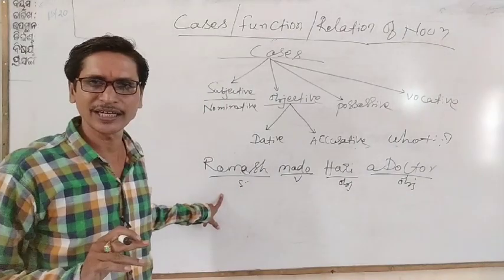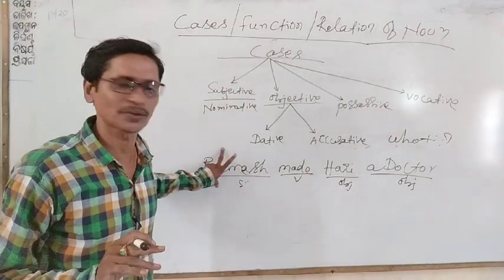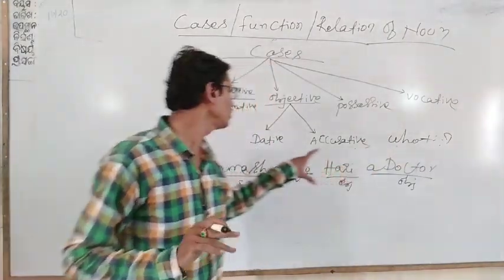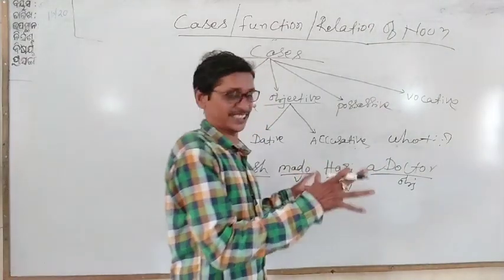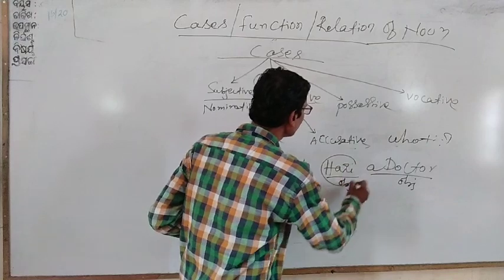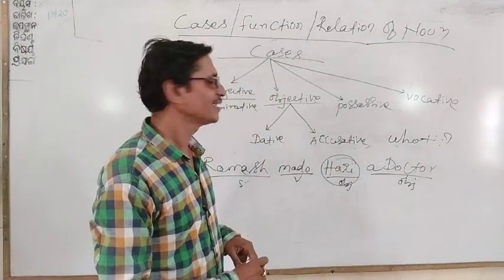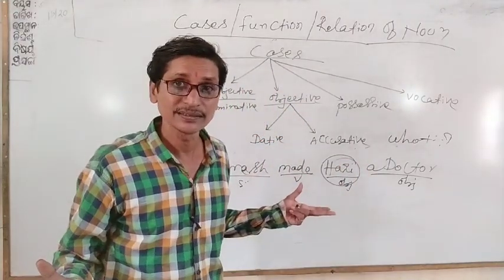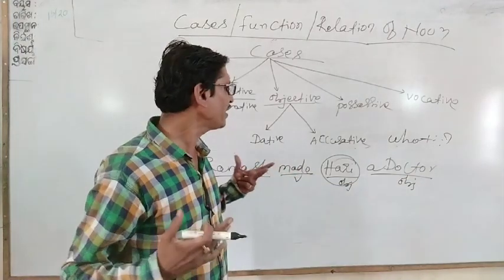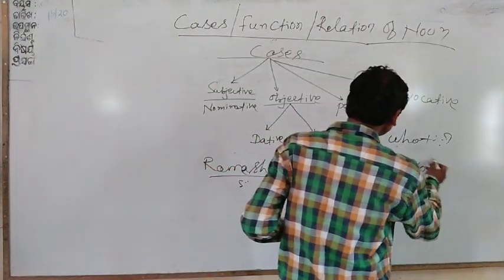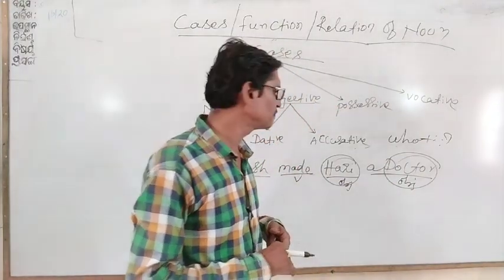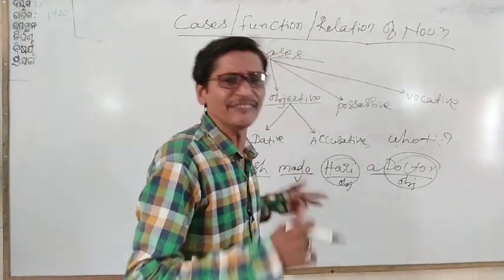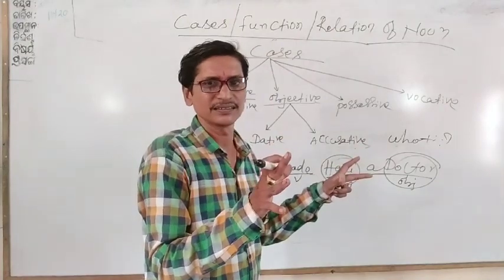Ramesh is used as the subject, but we have two objects. Here Hari is a living being, a person, whereas doctor is the title. It is not something living, it is a title.